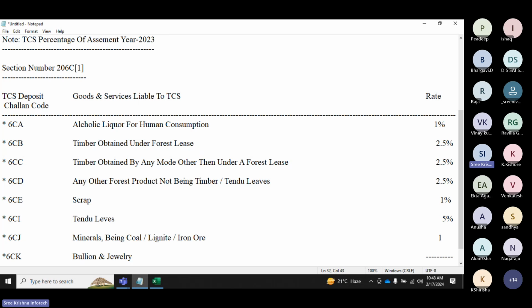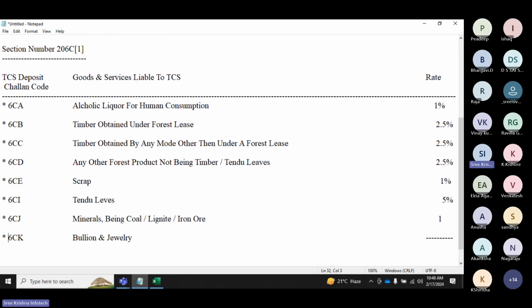ఇది ఫ్రీక్వెంట్ గా మారుతూ ఉంటుంది. Please copy.